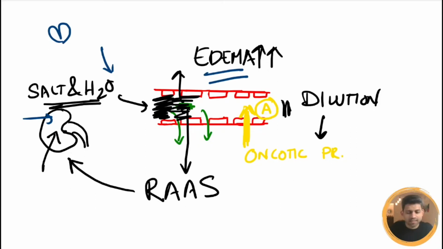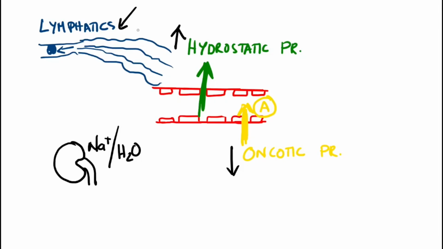Lymphatics clear excess interstitial fluid. Obstruction leads to lymphedema. Even if hydrostatic pressure, oncotic pressure, and renal function are normal, obstruction of a local lymphatic can cause edema of that region. It is seen in filariasis, where the dead worm can obstruct the lymphatics and cause serious edema of the affected regions.